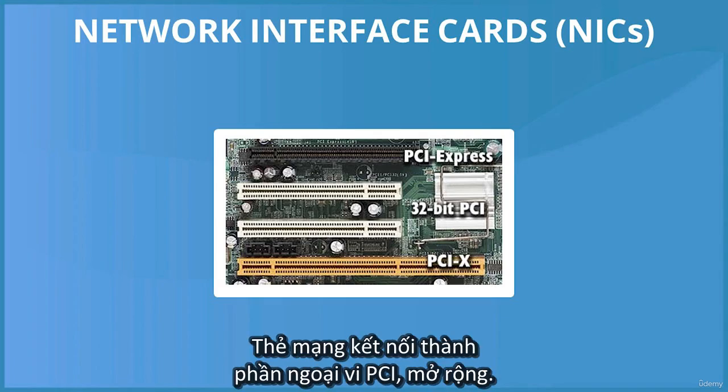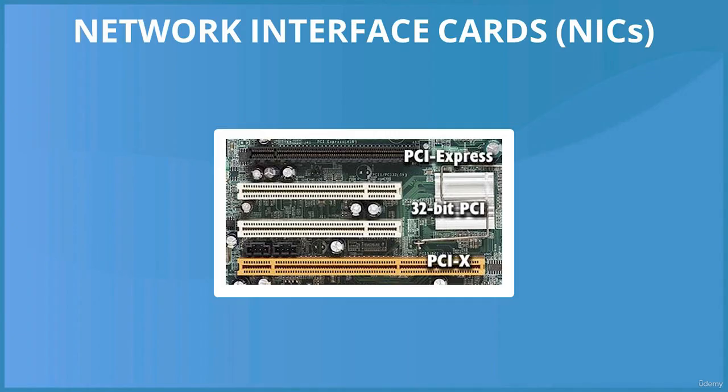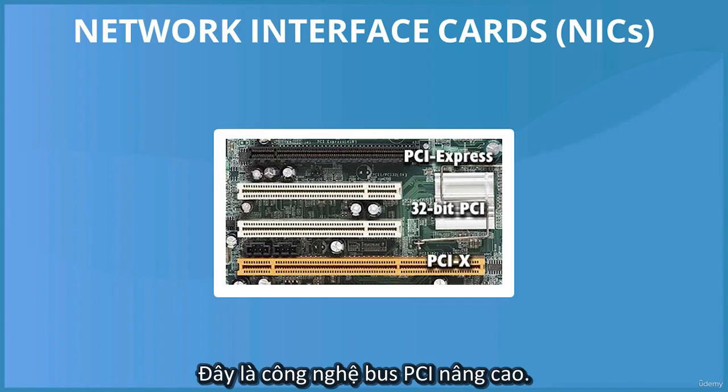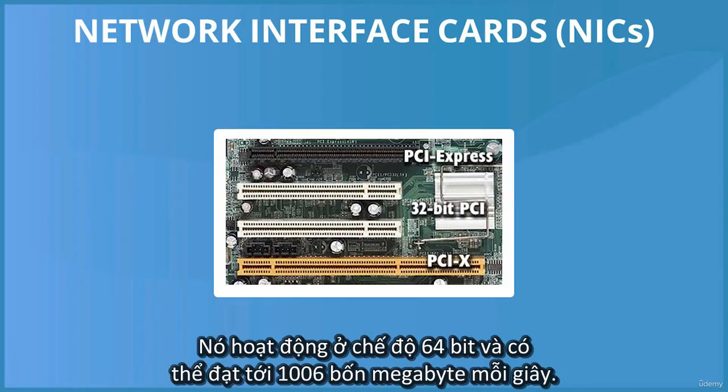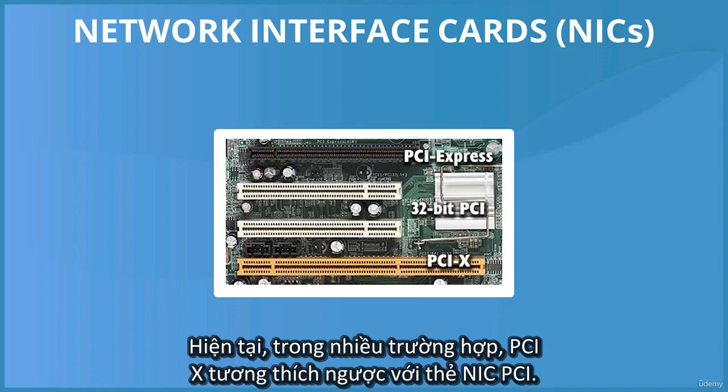Now, PCI-X, Peripheral Component Interconnect Extended Network Cards. This is the enhanced PCI bus technology. It operates at 64-bit and is capable of up to 1,064 megabytes per second. In many cases, a PCI-X is backward compatible with PCI NIC cards.